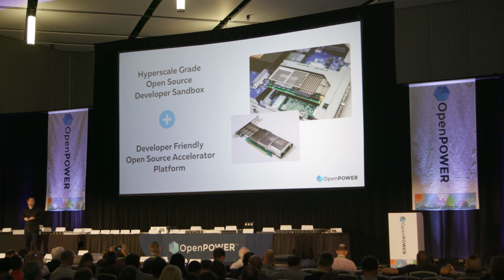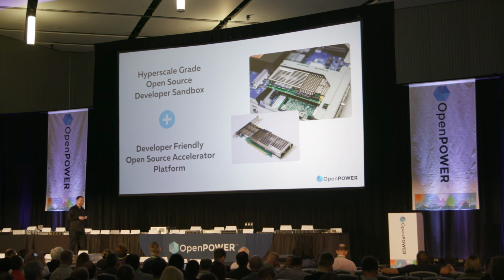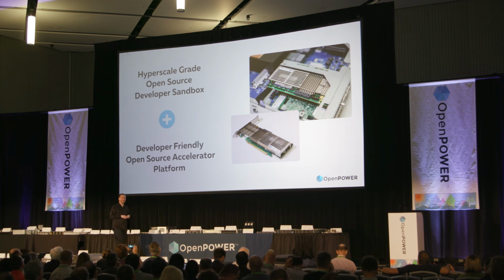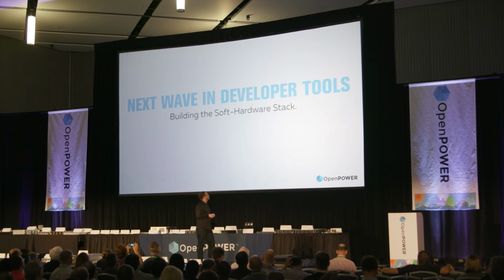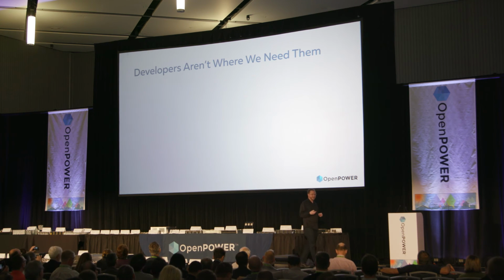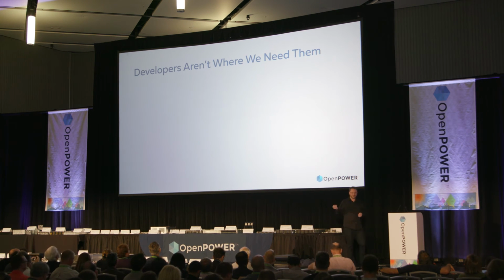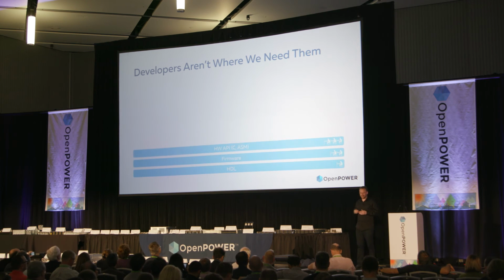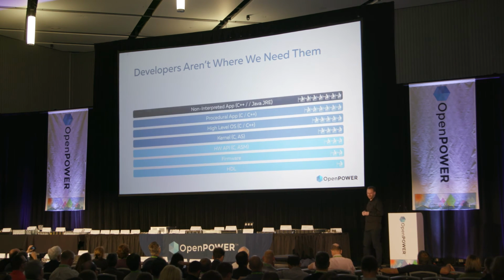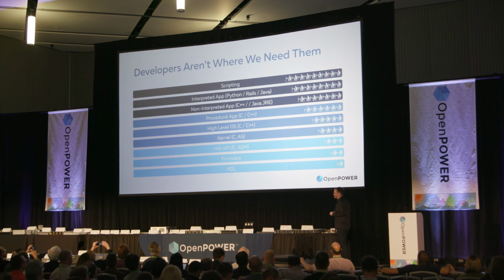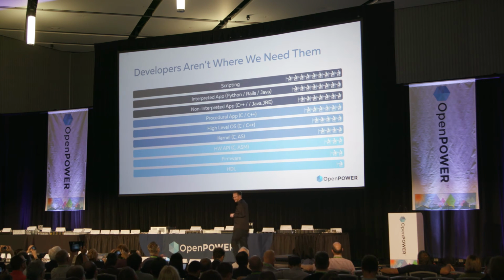And you put a developer-friendly accelerator platform underneath it, and then we give it to as many people as we can so that they can start experimenting. Okay, and that's a start. Now, there's also the tools. Okay, how are we going to build this stack? Well, first of all, today, developers are not really where we need them. We've done this to ourselves in the industry with things like Java and Python, but if you think about developer demographics in this stack, we go all the way down to the digital logic.